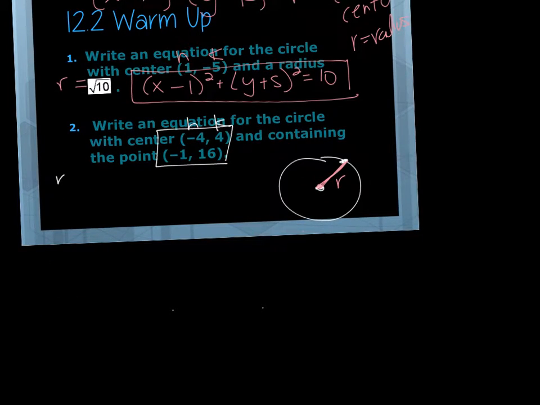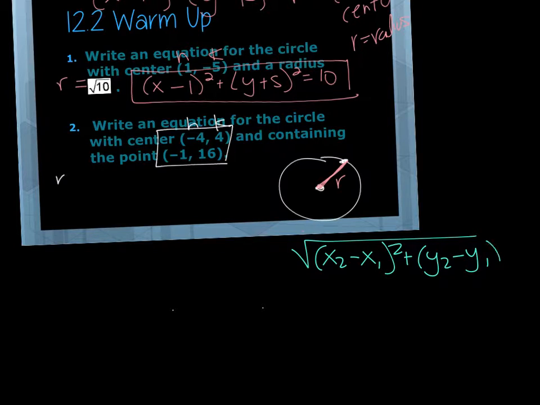So the second formula you need to know, distance formula: the square root of (x2 minus x1) squared plus (y2 minus y1) squared. And it doesn't matter which one you pick as your 1s or your 2s, right? It's just the distance between them.